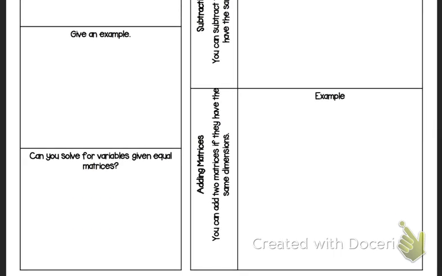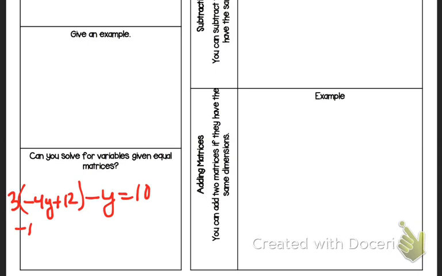It says, can you solve for variables given equal matrices? Yes, basically what we just did, we would have to set up the system. I guess we'll do that because we have a box for it. Again, I'm not going to rewrite it, but you have to substitute in your x. So in place of x, I'm going to write in negative 4y plus 12, because the last one was 3x minus y. Minus y equals 10.